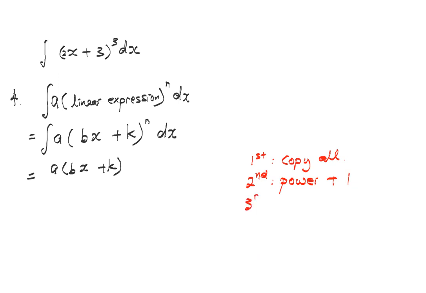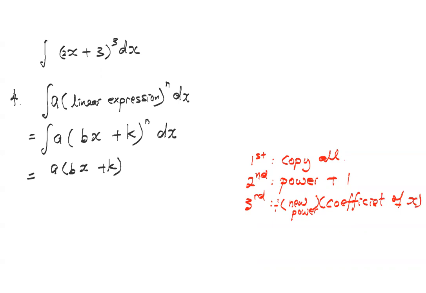Third, you have to divide by the product of two numbers. Divide by the product of two numbers, that is the new power and the coefficient of x.